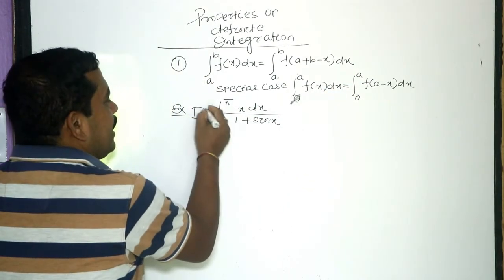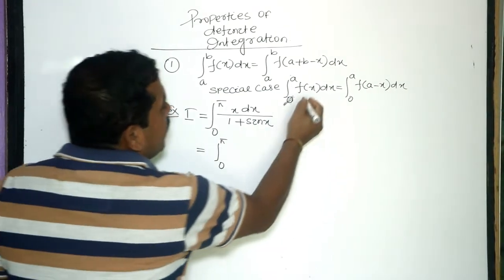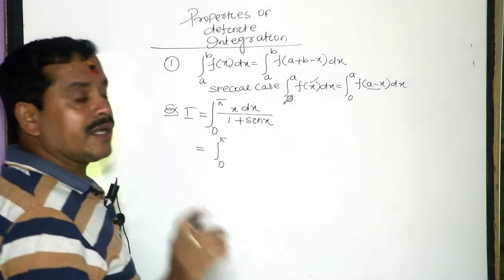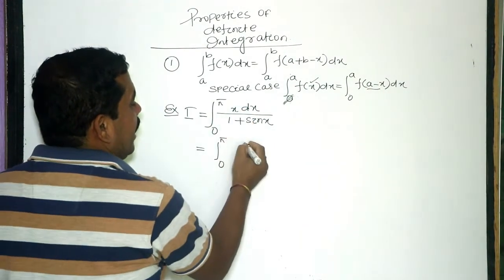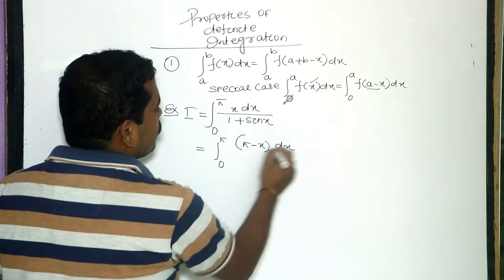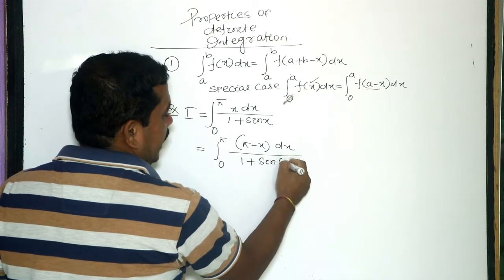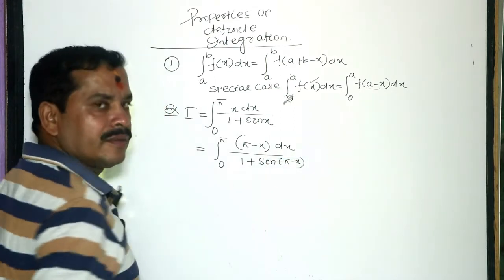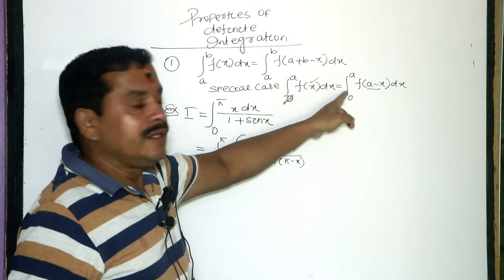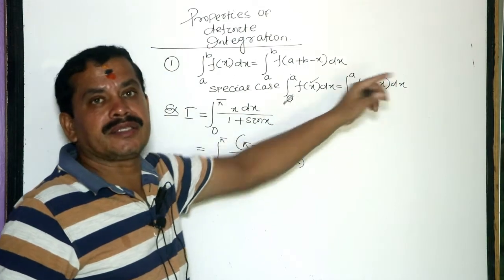Take it as I. Then the integration becomes 0 to pi. Instead of x, we have to write a minus x. That means x will be pi minus x dx divided by 1 plus sin of pi minus x, because 0 to a f(x) dx is the same as 0 to a f(a minus x) dx.